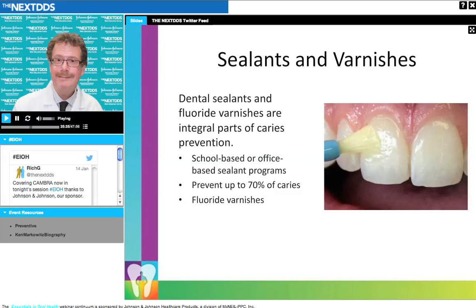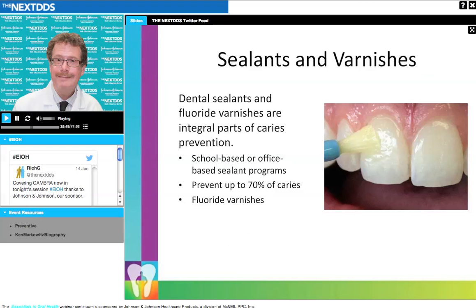Sealants and varnishes. Study after study has shown the effectiveness of sealants. Those are resin-based restorative material that's placed over the occlusal surfaces of teeth. Varnishes are not quite as permanent as sealants. They last for a day or so, but they can carry very high fluoride.